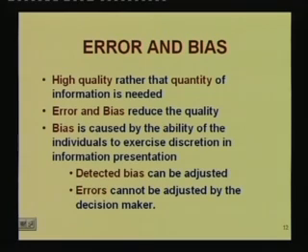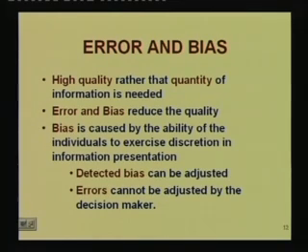The error, on the other hand, is actually something wrong that has happened. Whereas detected bias can be adjusted, error cannot be adjusted by the decision maker, because errors have already happened, and you cannot rectify them unless you have the source of information.